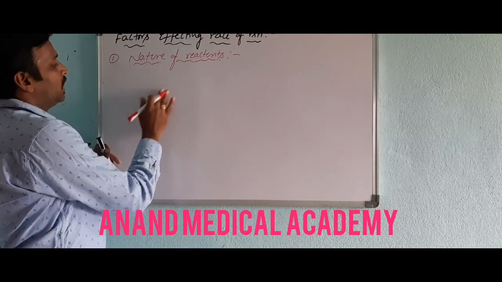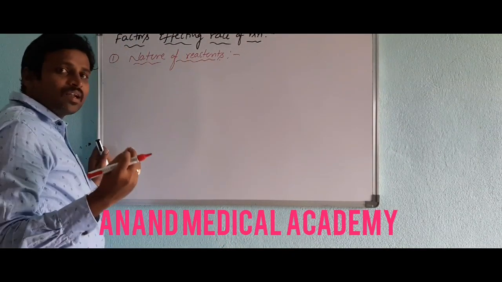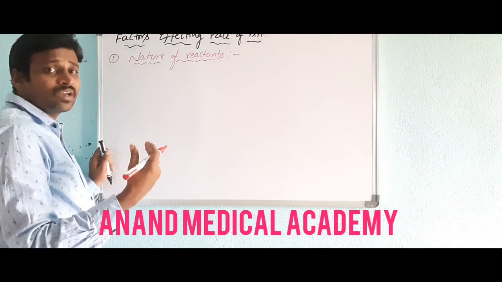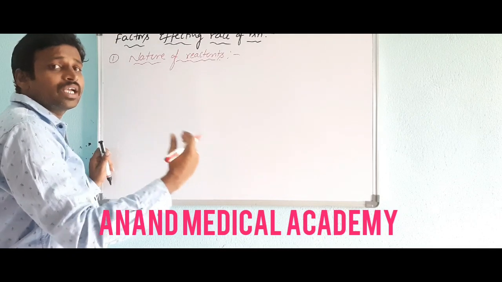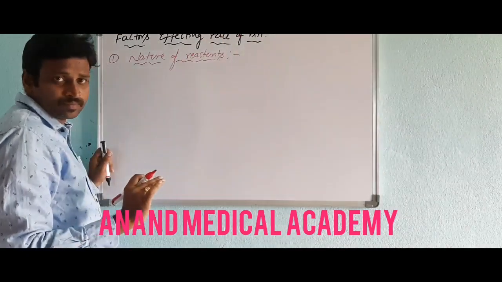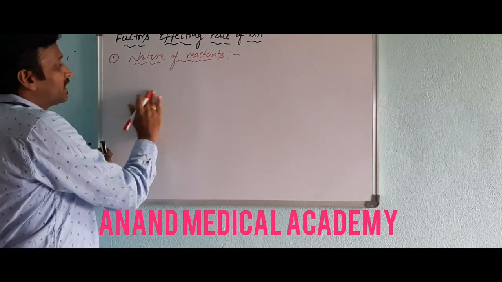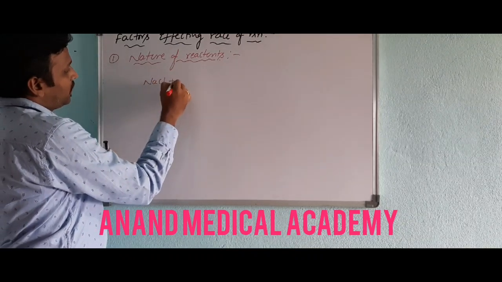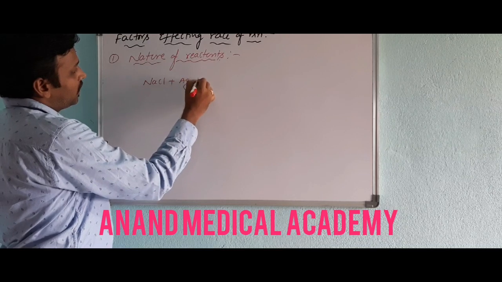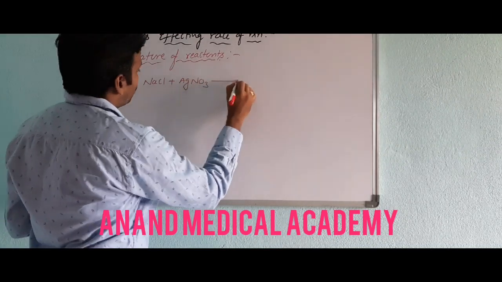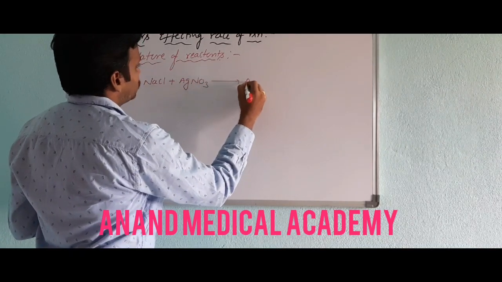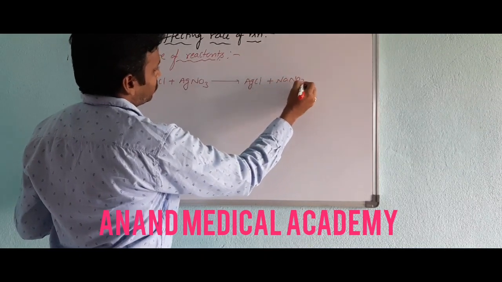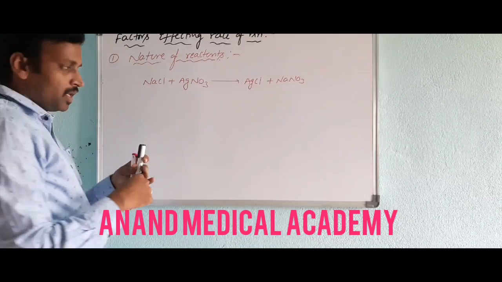Generally, see here, if the reactants are ionic, the reaction rate will be more, because ionic reactants, suppose NaCl plus AgNO3, this is converted to AgCl plus NaNO3, this reaction.